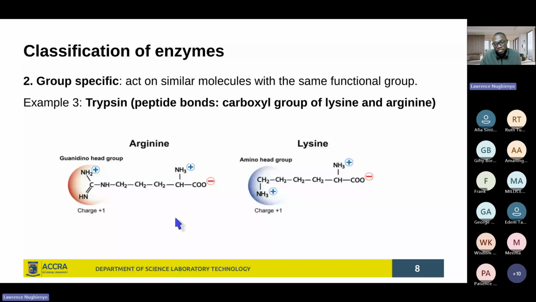It's not a single substrate. It's acting on arginine and lysine. And we see that you have some similarity in the functional group, that in the side chain, you are having an extra amine group, which is giving that amino acid molecule a net positive charge.